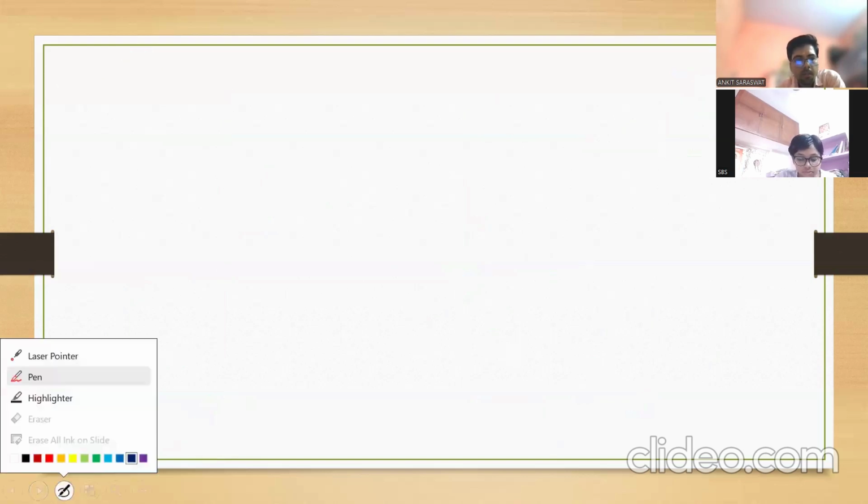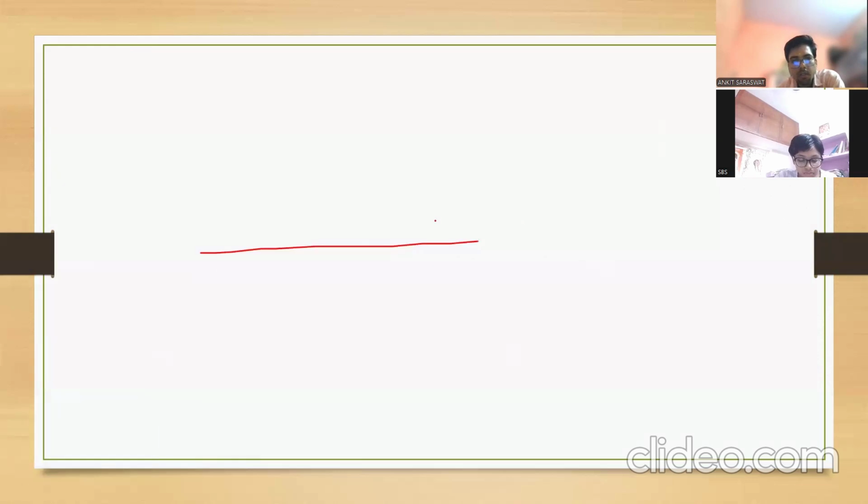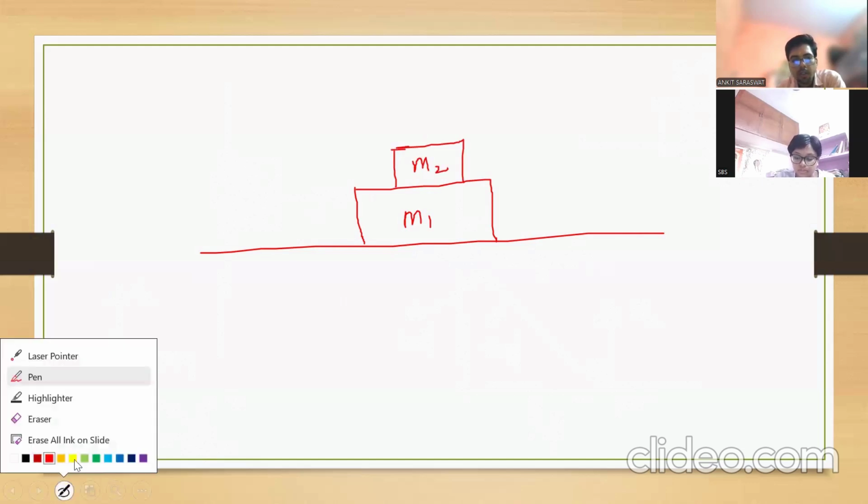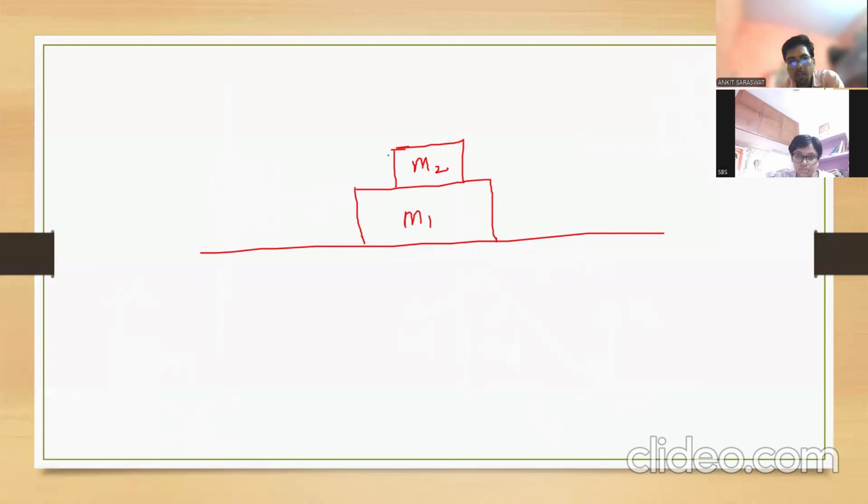Now, can you please draw in this case? Normal, one block, M1, M2. Draw the normal direction. If it is my system, tell me. M1 will act on M2 and M2 will act on M1.